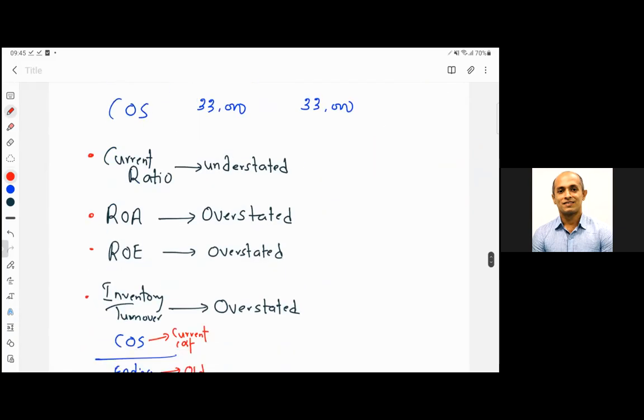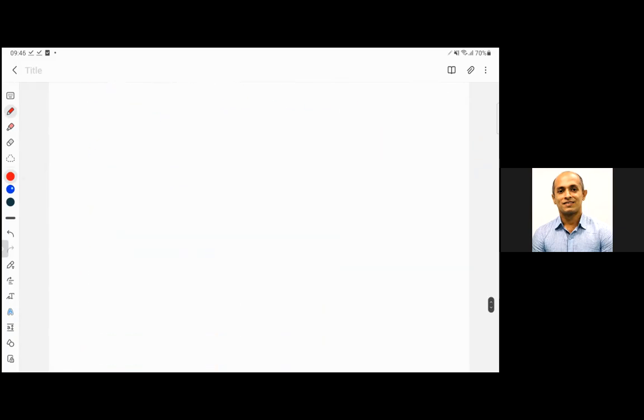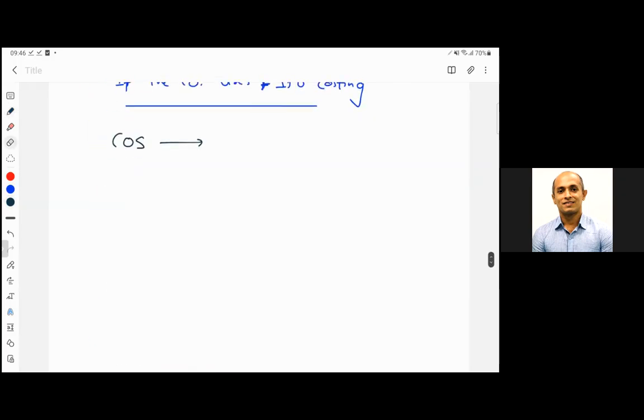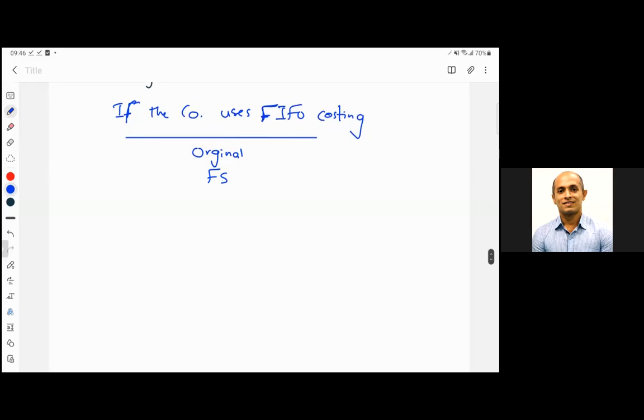Now let's see the same for FIFO costing. If the company follows FIFO costing, let's take cost of sales and inventory in the original financial statement, and the revised financial statements.